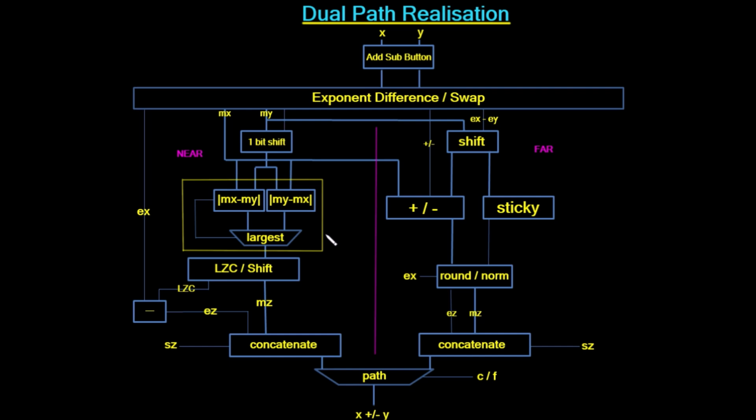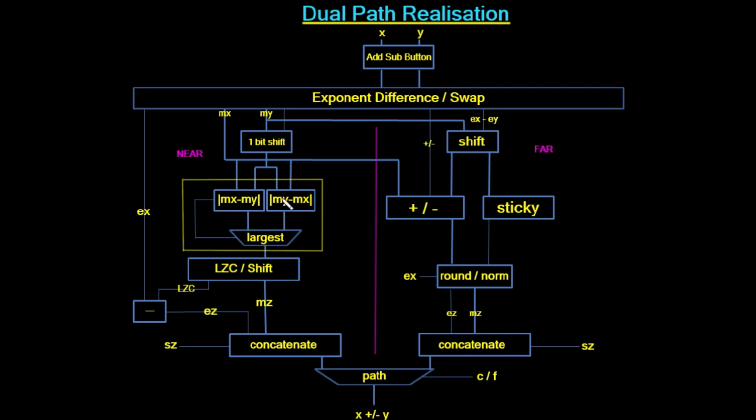So it means that the mantissa of y will either shift by a factor of 0 or a factor of 1. So this is a possibility of a 1-bit shift, and we get the control of that shift dependent on the exponent value here.